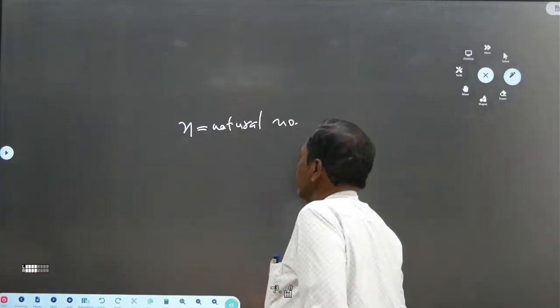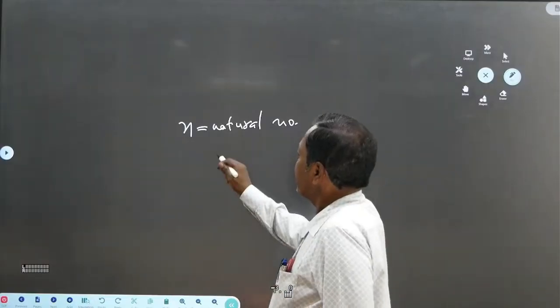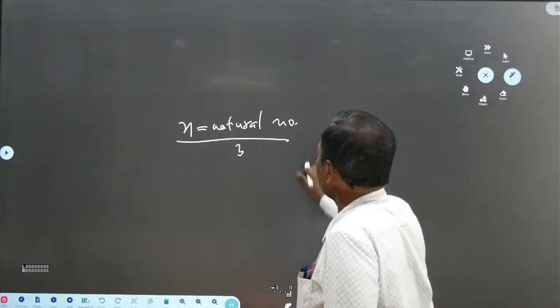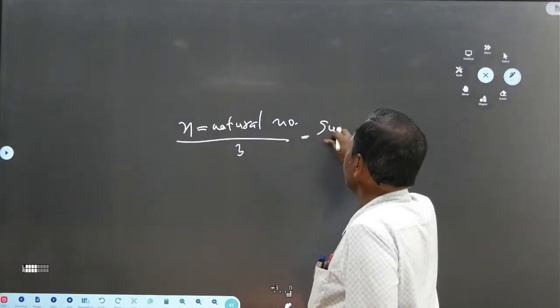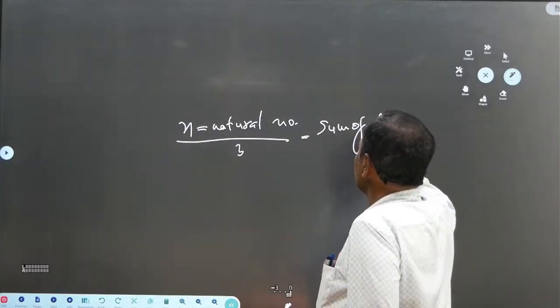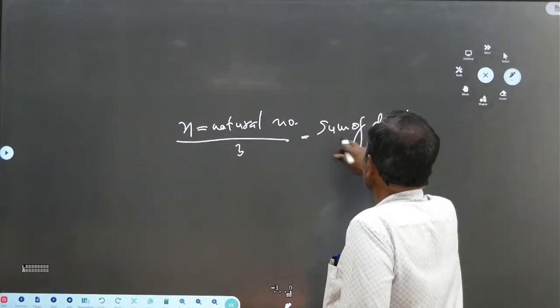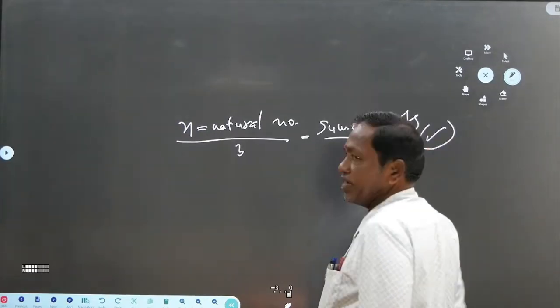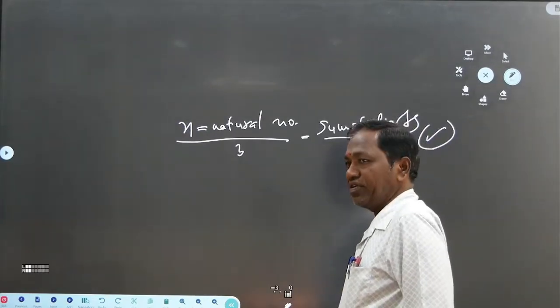If it is to be divisible by 3, the sum of its digits must be divisible by 3. So it can be multiples of 3 or 9 also.